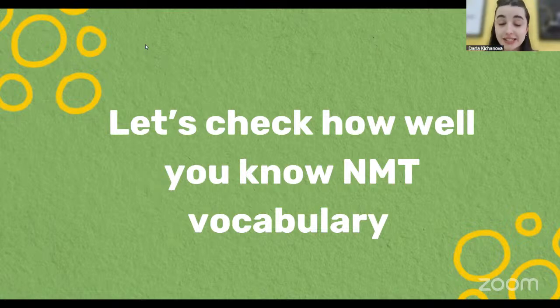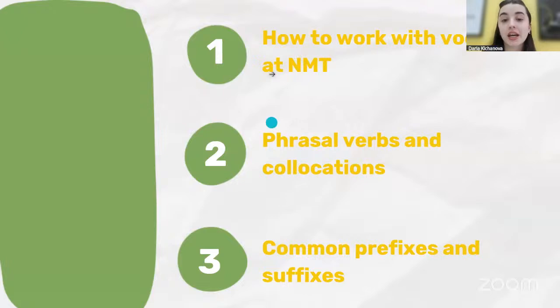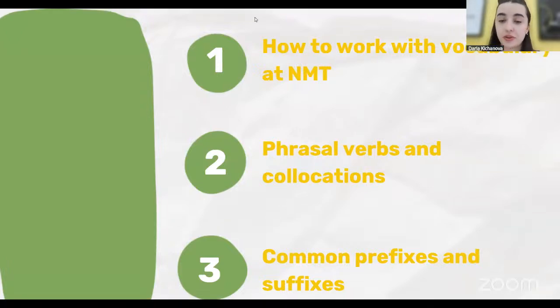So let's get started and let's start talking about what is going to happen today. Let's check the main topics that we will cover. First of all, as usual, we will talk about how to work with words and with the vocabulary task at NMT.